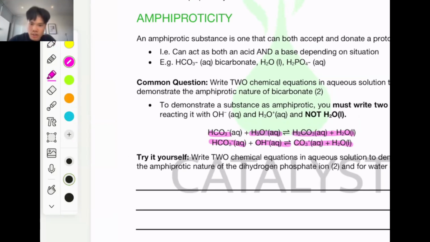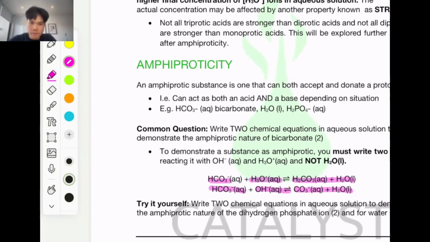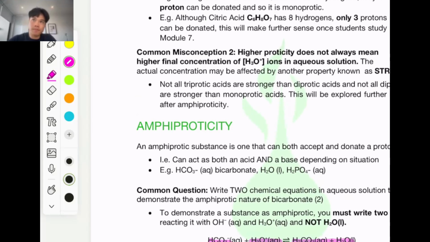Question in the chat is, for more than one ionization, how do we calculate the Ka value? Is it adding the Ka values or multiplying them? I always get confused. That's a good question.